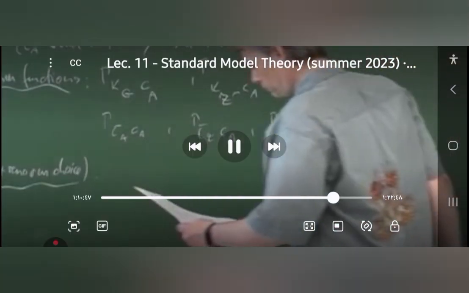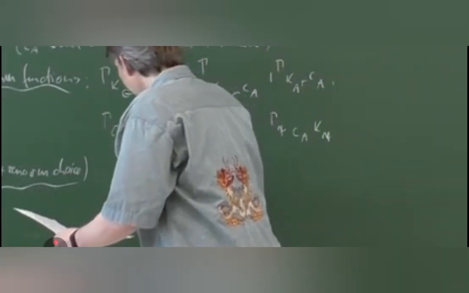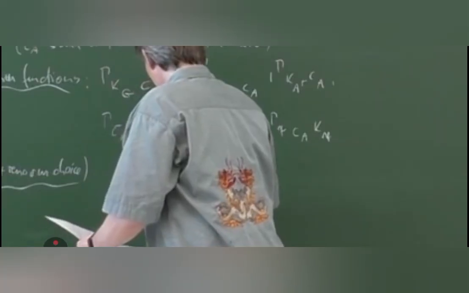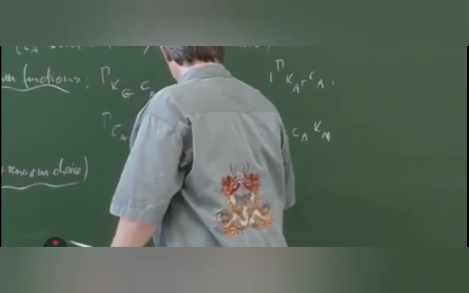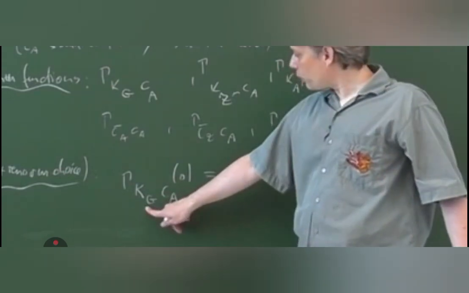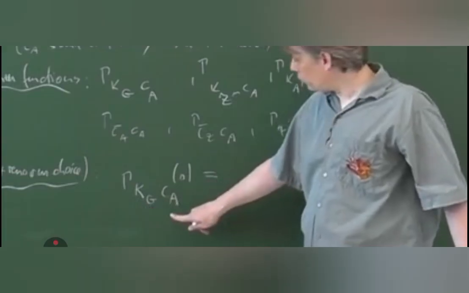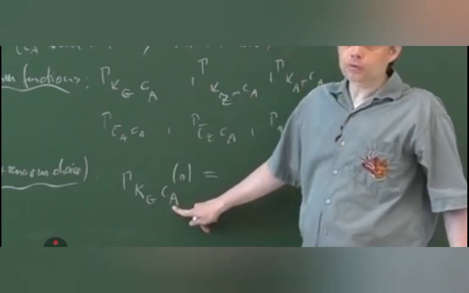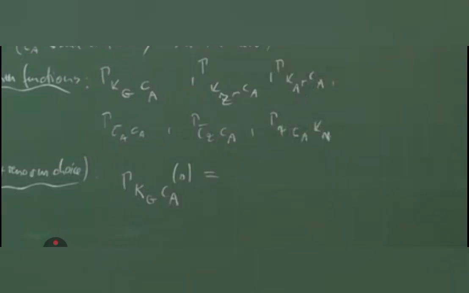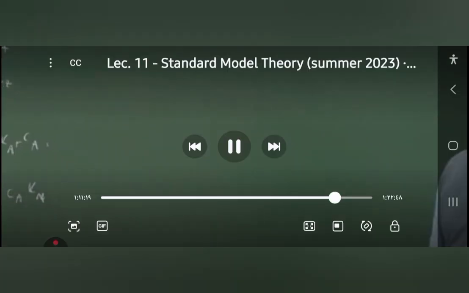Namely, the gauge transformation of the Goldstone boson in the direction of QED. That is the interpretation of this Green function. What is its value? First, what is the value at tree level, and then what are the higher order corrections?